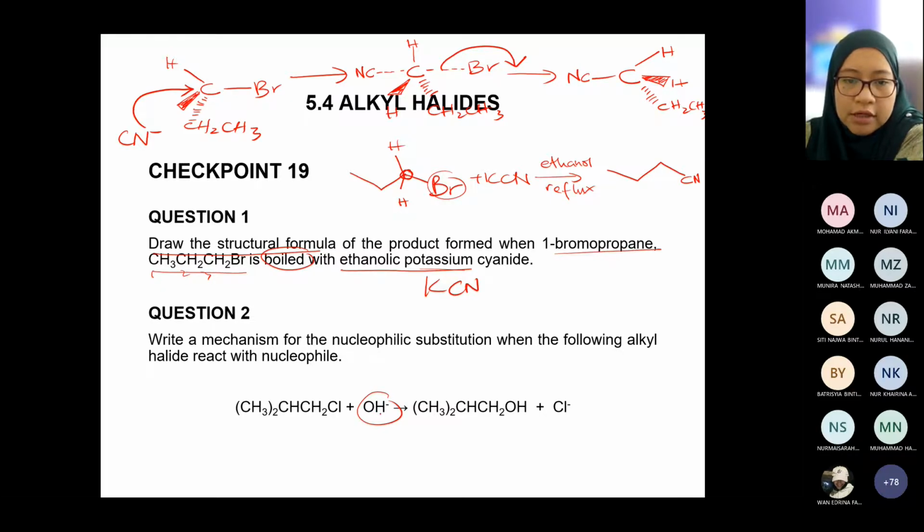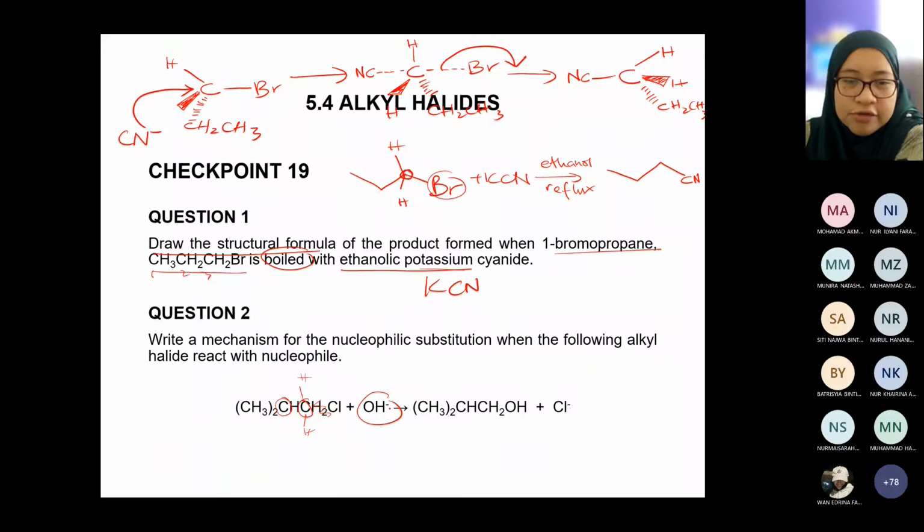Maksudnya this OH minus will attack, this is primary alkyl halide. Macam mana tahu primary alkyl halide? Because this carbon is attached to this carbon only. And then lagi dua tu adalah hydrogen. Betul tak? So it is a primary alkyl halide.